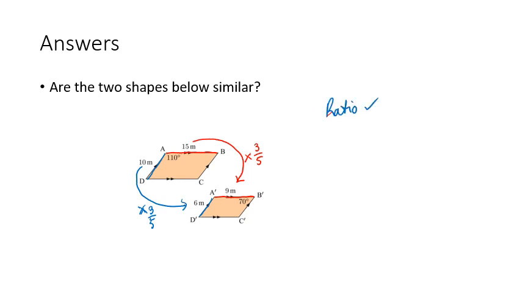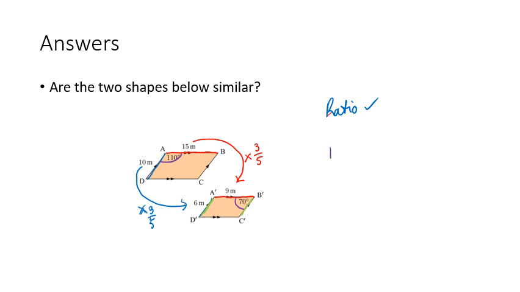Now we need to see if they're equiangular. Now what you'll notice is that there's 70 degrees here and there's 110 degrees there. But what you might also notice is that these lines are actually parallel. And the rules for parallel lines say that the interior angles of a parallel line must add up to 180 degrees.